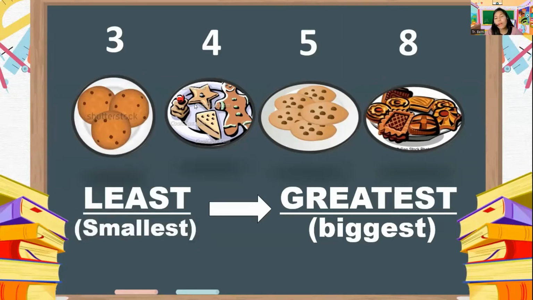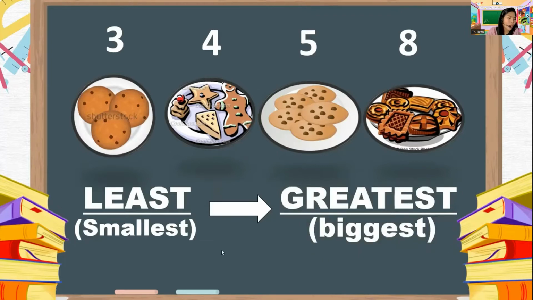And when we say greatest, it's the biggest. Again, everybody, when we say least, it means smallest, and when we say greatest, it's the biggest, okay? So please remember these terms. Least means smallest, and greatest means biggest.